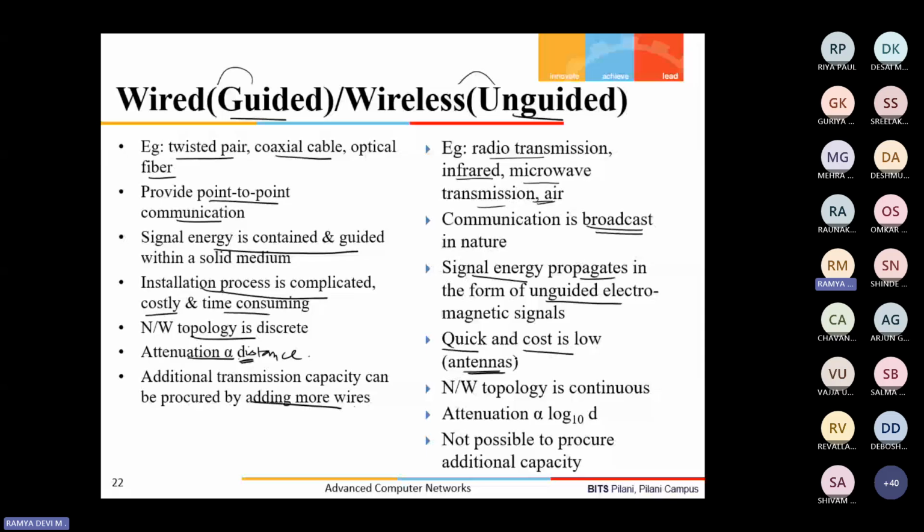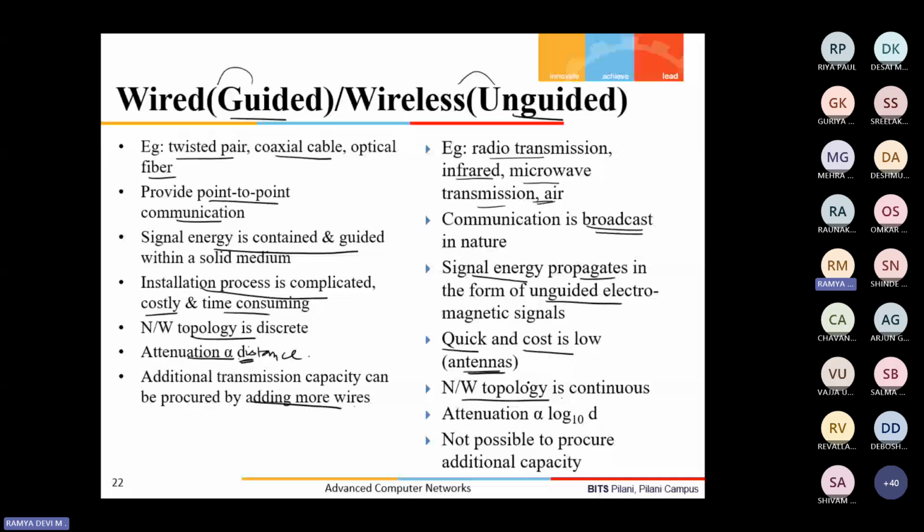And the network topology is continuous, so it is flexible, supports movement, and is easy to expand as well. Here attenuation is not directly proportional to the distance, but increases logarithmically with the distance. That's what is referred to as attenuation being proportional to the logarithm of the distance.